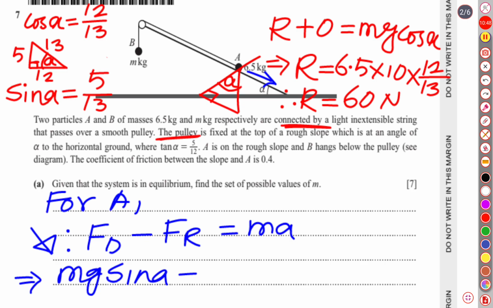That's why the tension is the major resistance to motion. And another resistance to motion is actually frictional force, which is mu into R, frictional coefficient into normal reaction, equal to mass into acceleration. Look at this, as the system is in equilibrium, there should be no movement or acceleration at all. That's why the right side is 0.